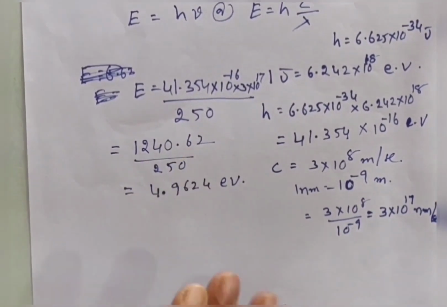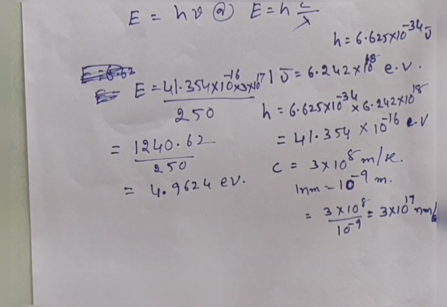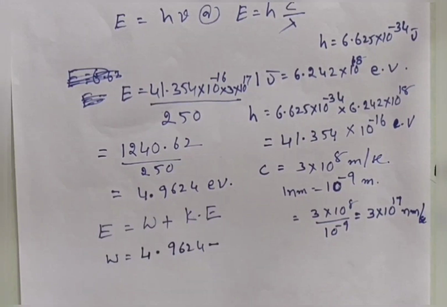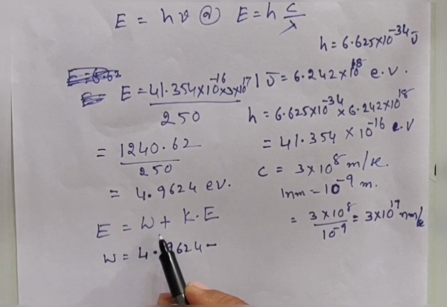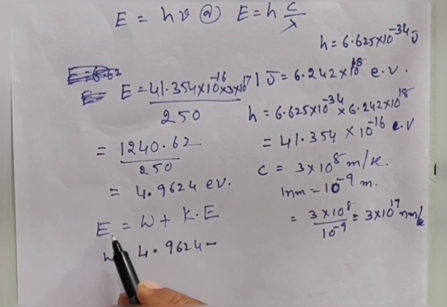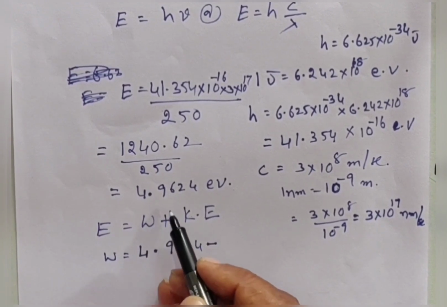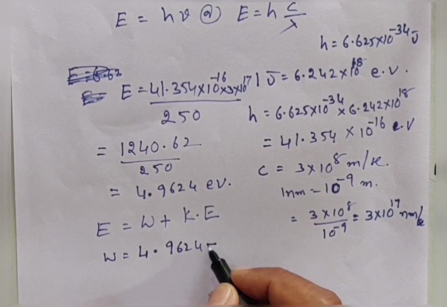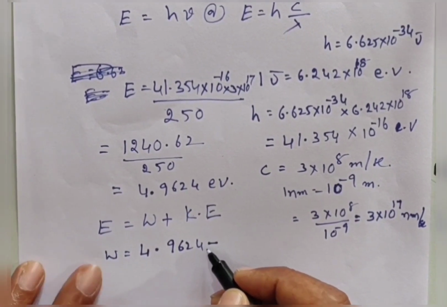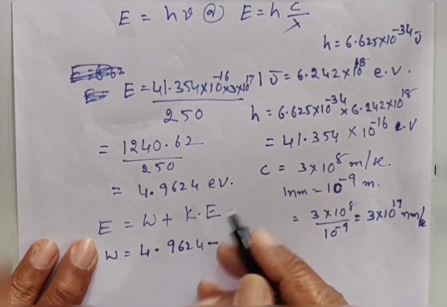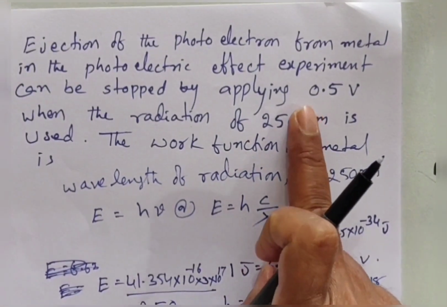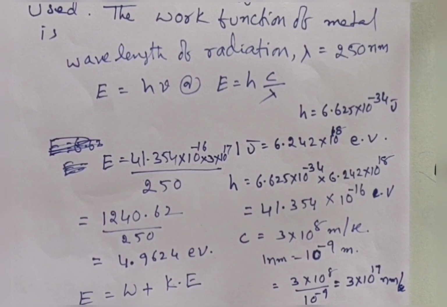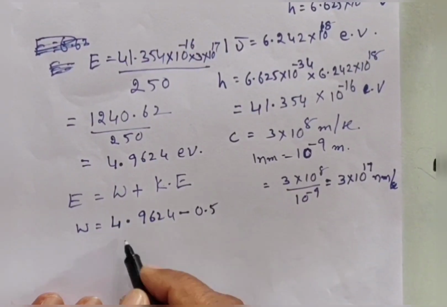Now we have to substitute this value in the photoelectric effect mathematical expression. Now E is equal to W plus kinetic energy. So W is 4.9624 electron volts minus the given kinetic energy, that is 0.5 volts, right?